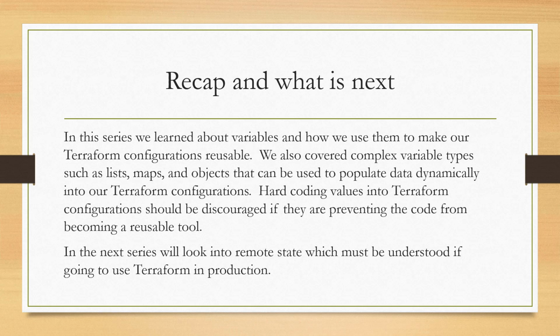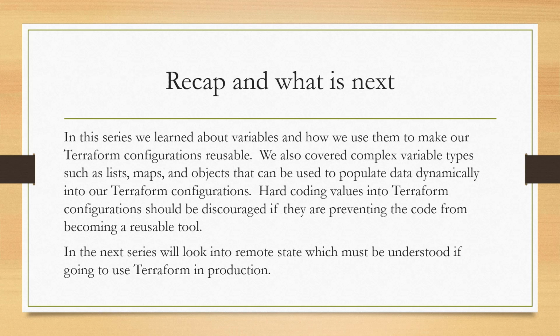Let's talk about what we accomplished in this series and what's coming up next. In this series, we learned about variables and how we use them to make our Terraform configurations reusable. We also covered complex variable types, such as lists, maps, and objects, that can be used to populate data dynamically into our Terraform configurations.